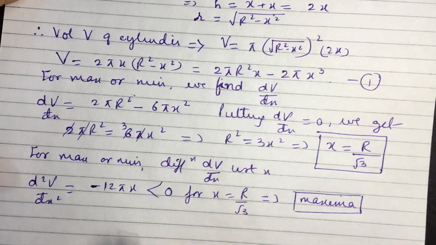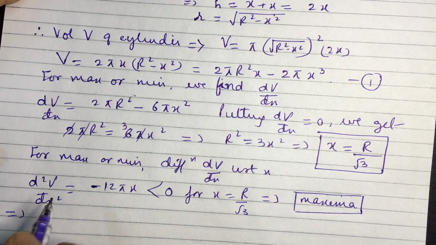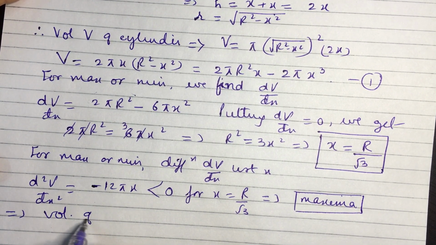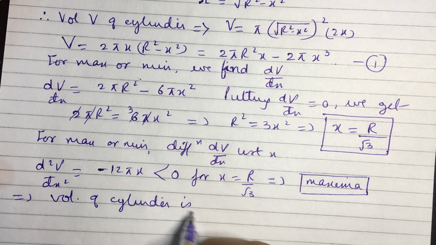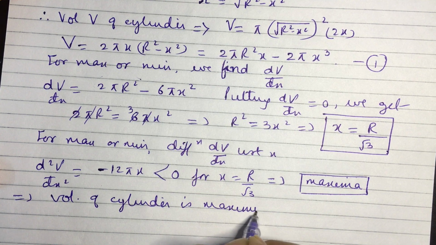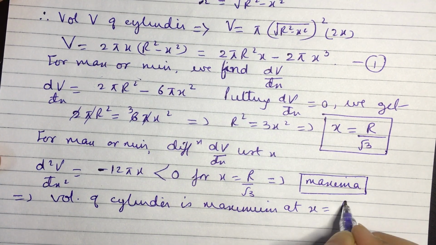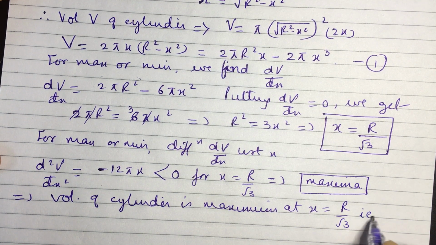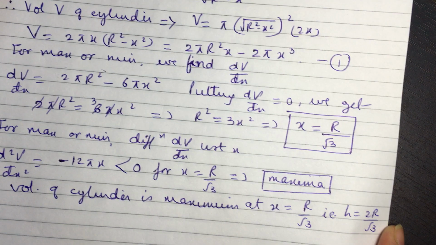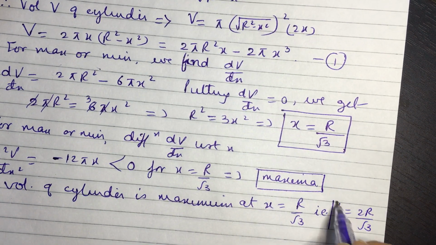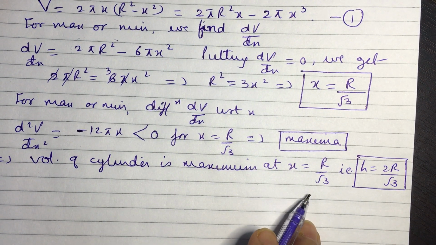So it implies that volume of cylinder is maximum at x equal to r upon root 3, that is h equal to 2r over root 3 as was required, that is the height of the cylinder should be 2r upon root 3.